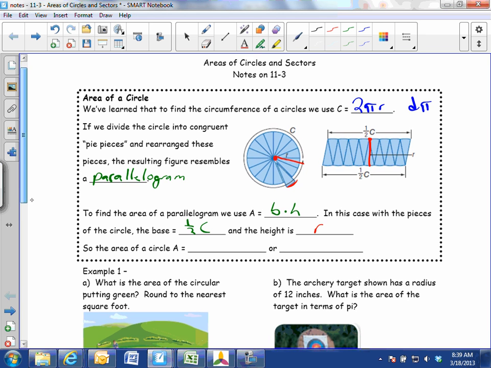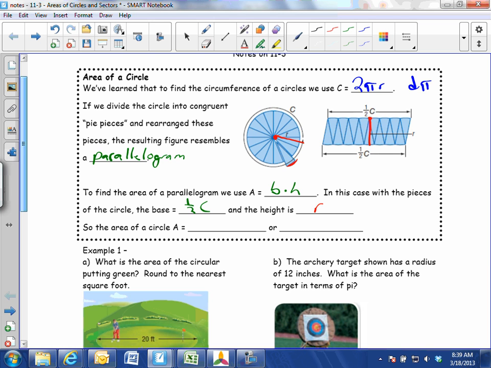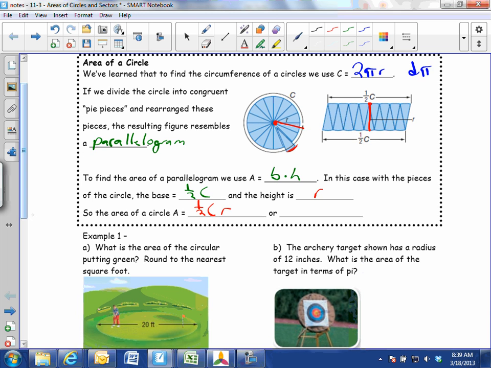Okay, so the area of a circle we can write as the base times height, where we said base was one half times the circumference, and the height we said was r. But how else can we write circumference?